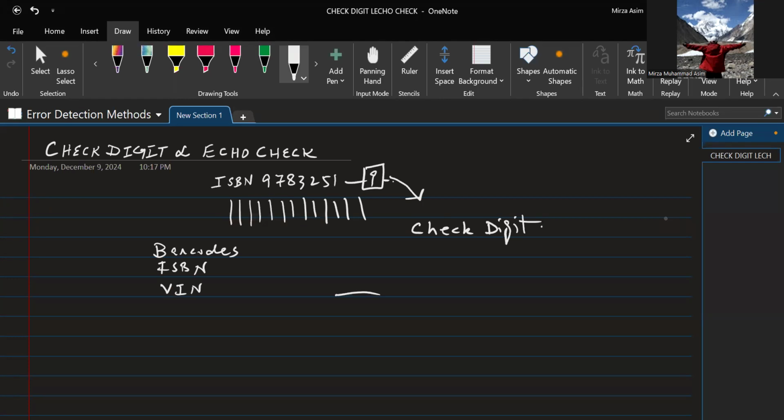So, check digits are used to identify errors that can occur during data entry. Let me write it for you.